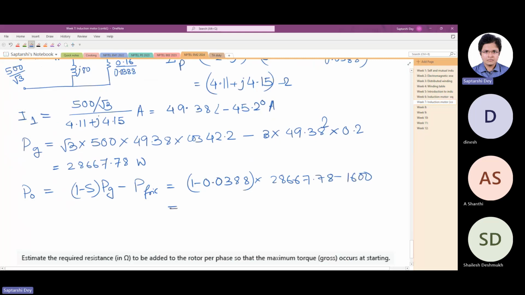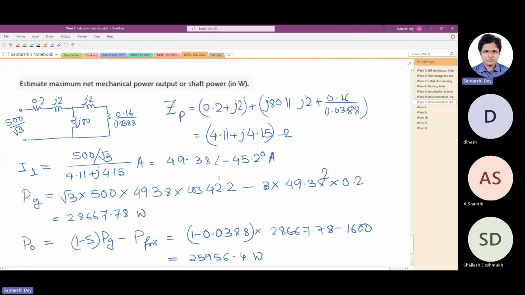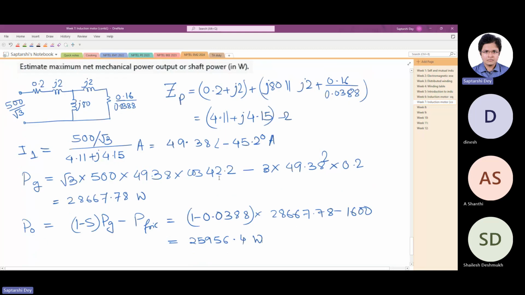So this is the output power, maximum output power, which is 25956.4. So this is the maximum possible power available from the machine.